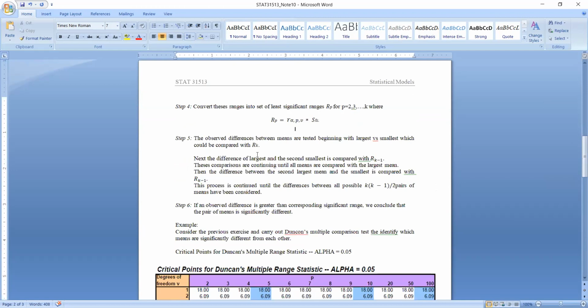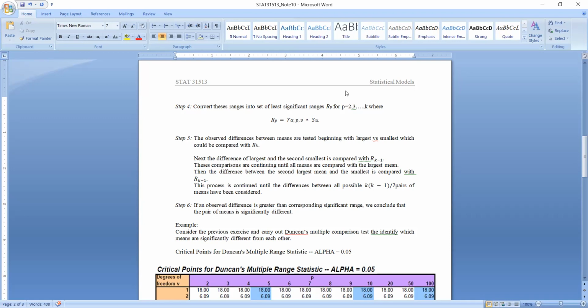Then we calculate the difference between two pairs of means. When you consider that, you have to always take the difference between the largest and the smallest. If the difference between these means is greater than this least significant range, then we don't consider that.